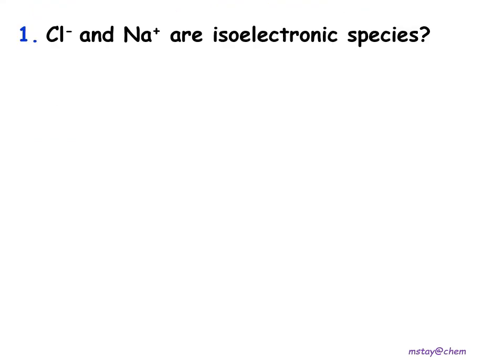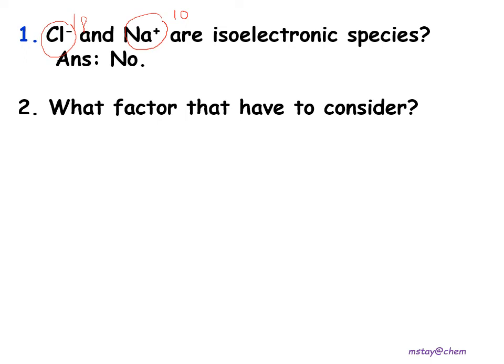So now, try to ask yourself, are chloride ion and Na plus isoelectronic? Definitely no, because one has 18 electrons and the other has 10 electrons. If they were isoelectronic, do you think we would still need to use effective nuclear charge to explain why they have different ionic radius?